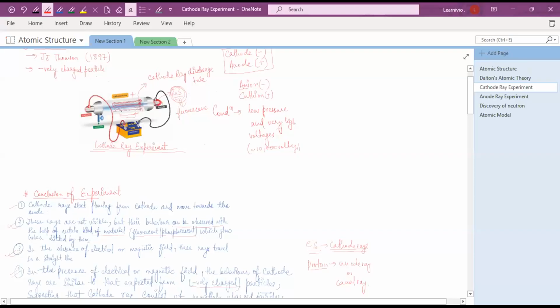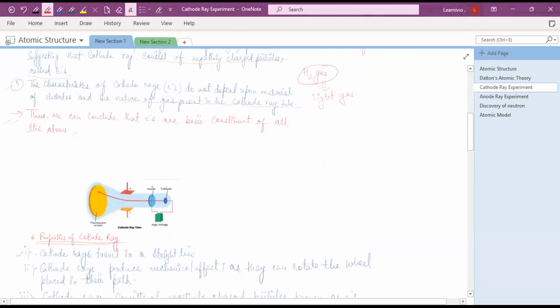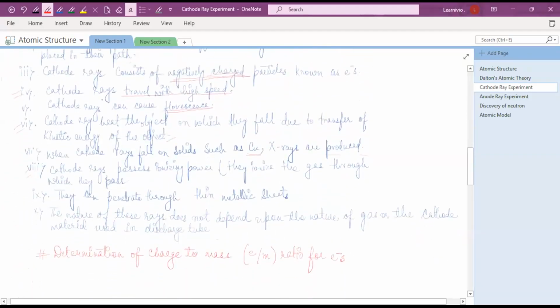There are some gas particles in the discharge tube. So when this cathode ray strikes that gas particle, suppose H2, hydrogen gas is there, it ionizes hydrogen. It ionizes particles, right? Okay, so cathode ray possesses ionizing power.